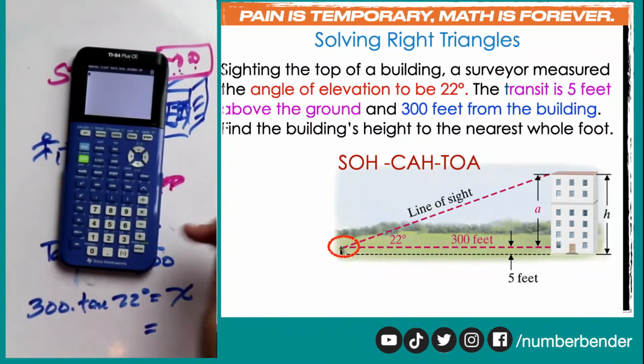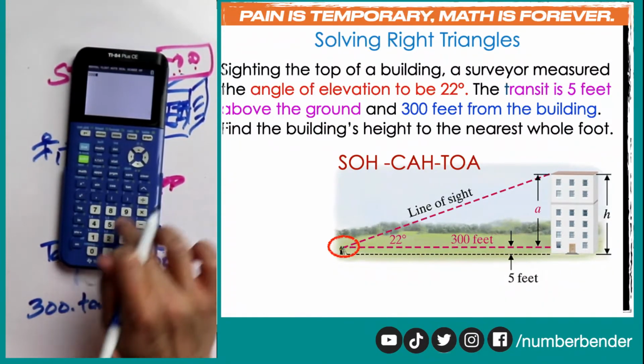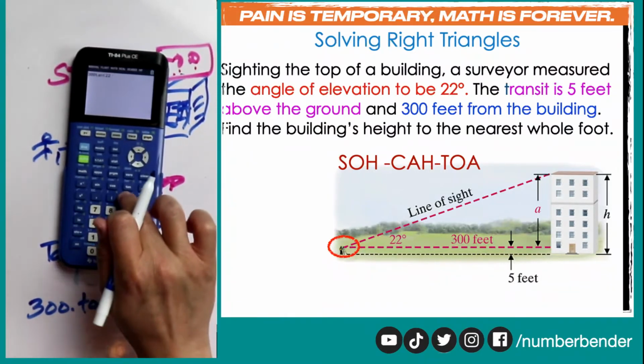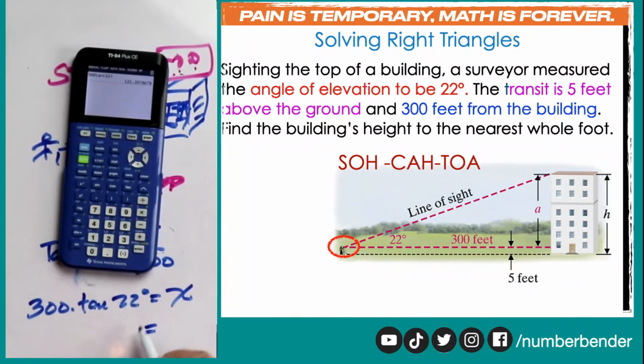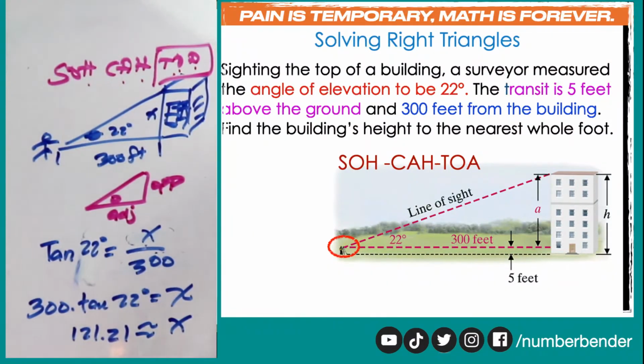So 300 tangent 22 degrees using our technology is approximately equal to 121.21. According to our word problem, we need to round it to the nearest whole foot.